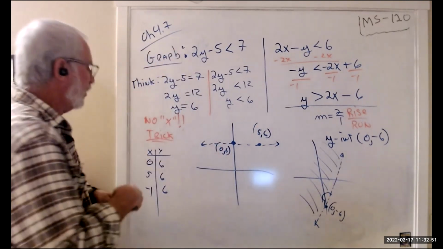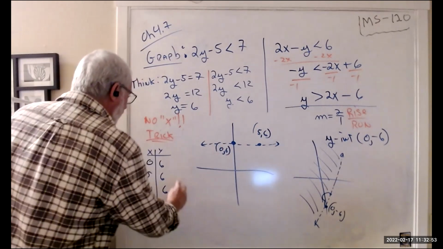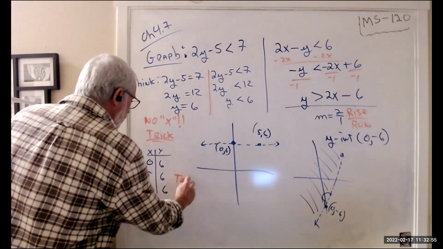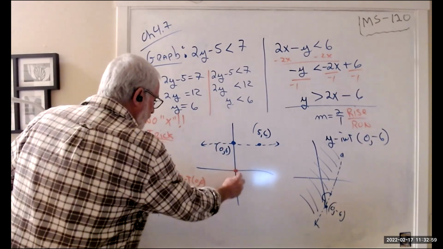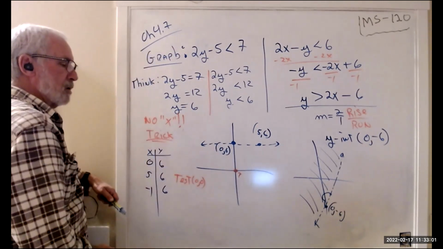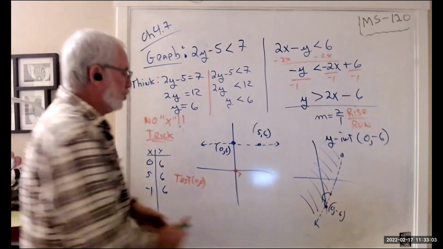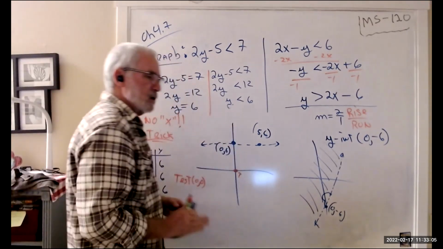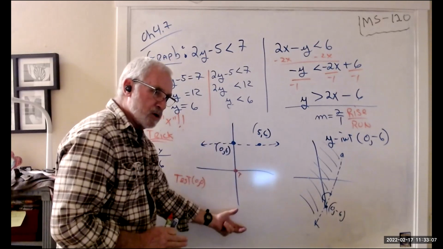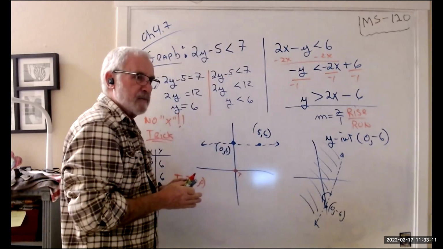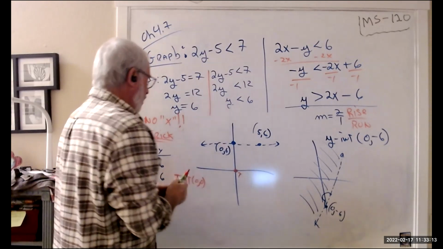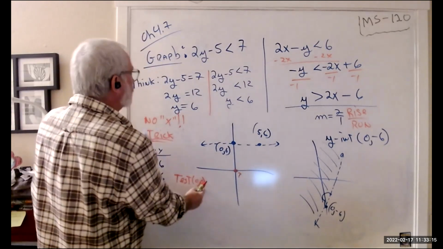But now we want to test 0, 0 in the original. This is our test point, 0, 0. Remember, if it's true, we shade towards truth. If it's false, then truth must be on the other side. That's our thinking. So we plug this 0, 0 in.